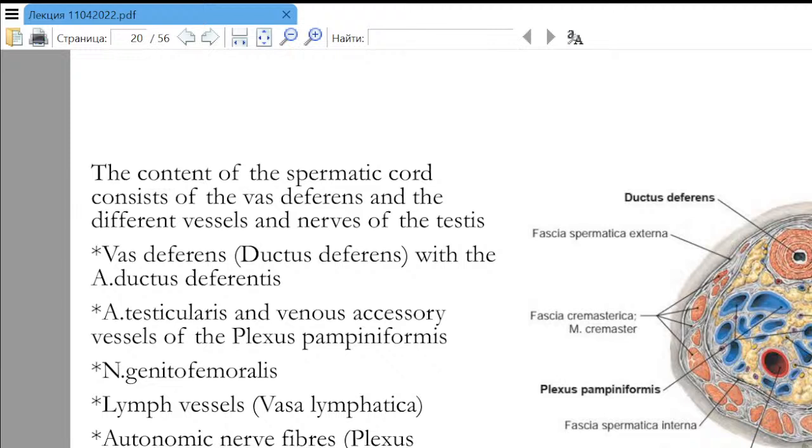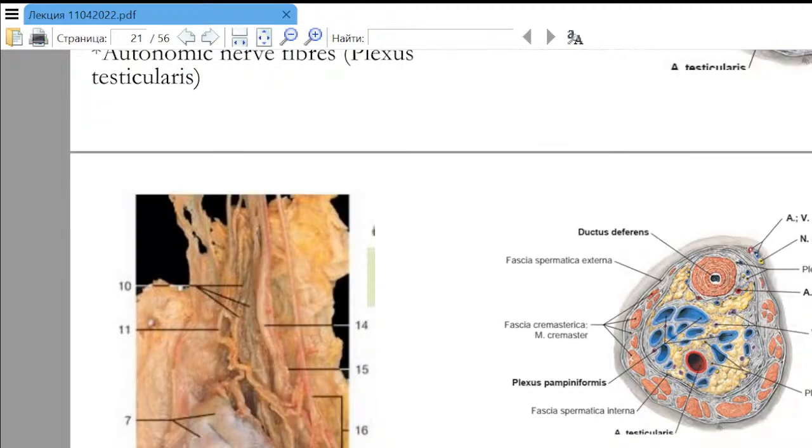What you see: fascia spermatica externa, fascia spermatica interna, and the cremaster muscle. This is the spermatic cord.